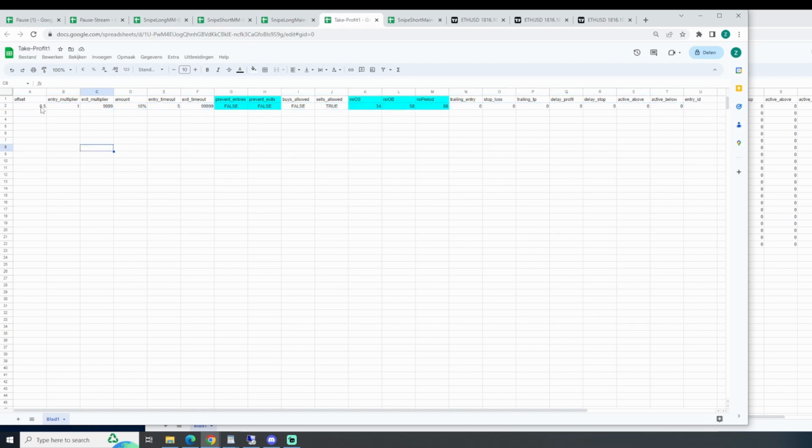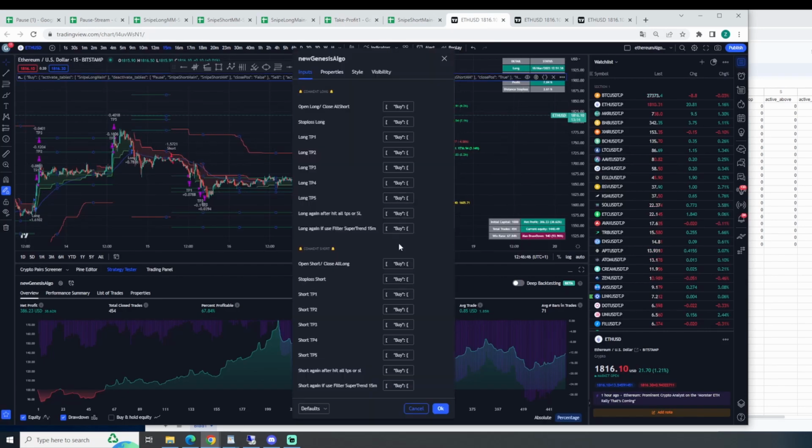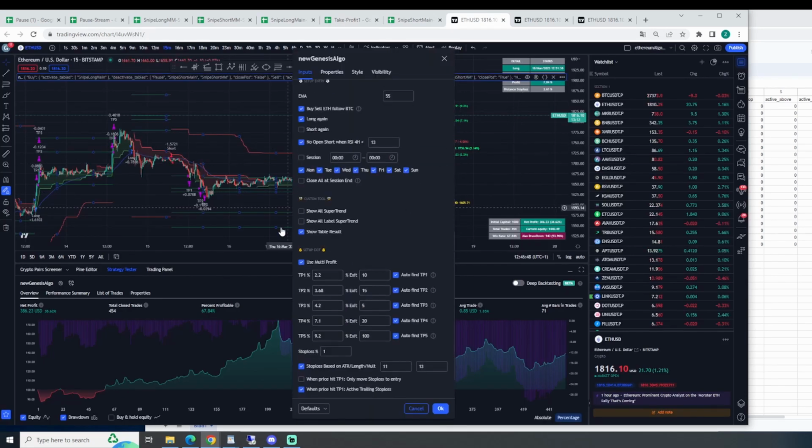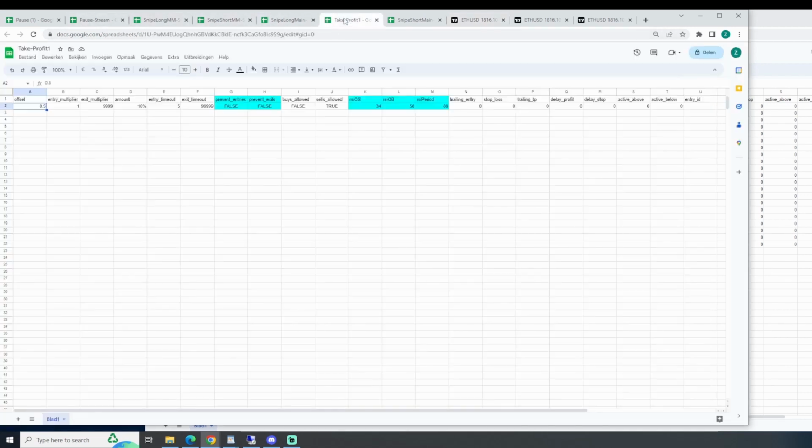So what I will do right here is have a look at the algorithm and see how far our first stop loss is. It's 2.2% away from our entry, right? So what I can do is go back to my take profit 1 and set this to 2.2%. Which means that this agent will try to sell 2.2% from whatever the price is at the moment of triggering.